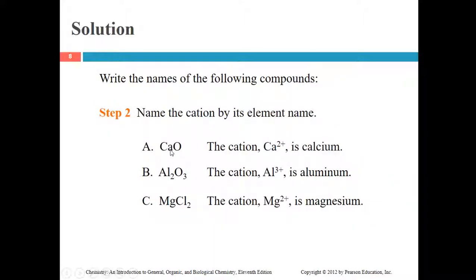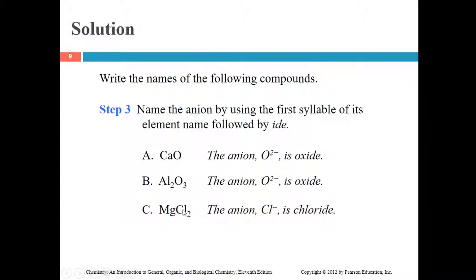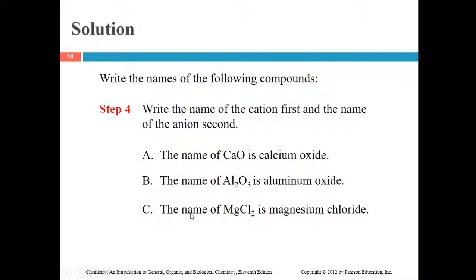So our calcium, our aluminum, our magnesium. Notice we didn't change the name at all. However, with the anion, we change the name and put an -ide. So oxide, oxide, chloride. When we put it all together, we have calcium oxide, aluminum oxide, and magnesium chloride.